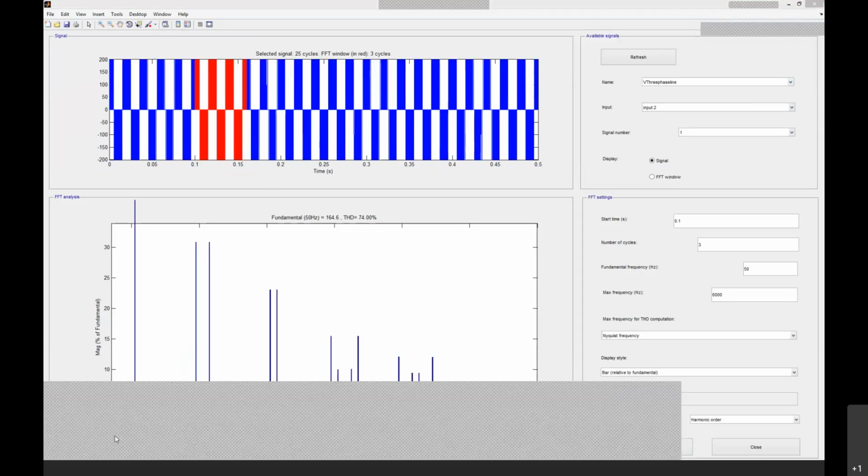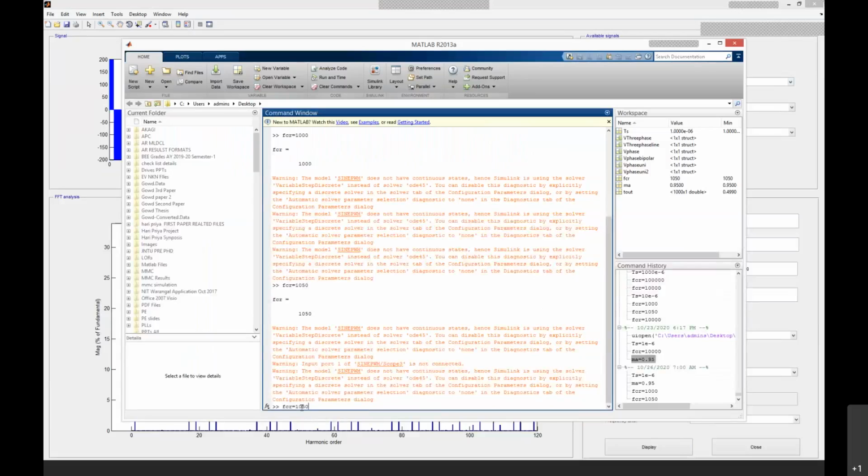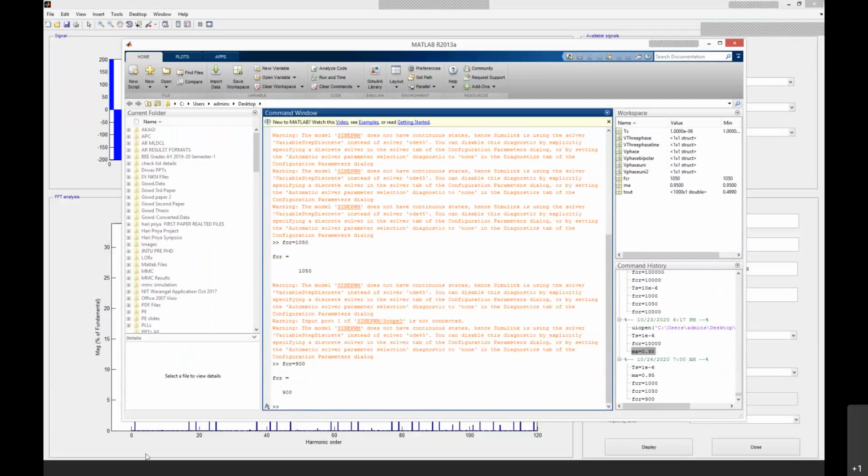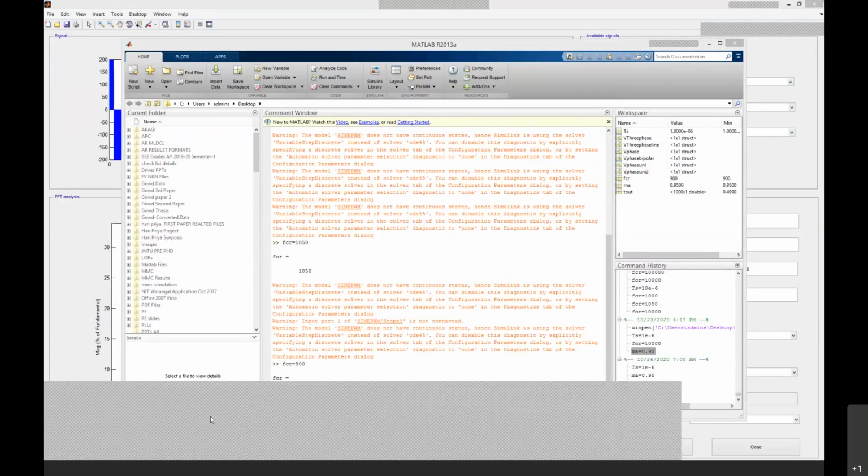For the same thing, you can give some other MF value, maybe 950. 950 corresponds to 900. So you can run this.